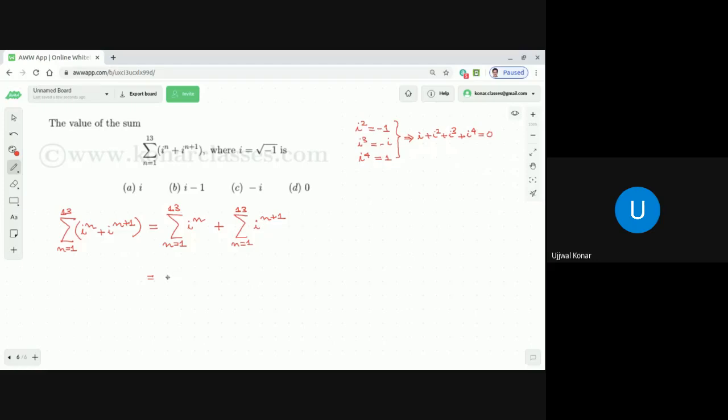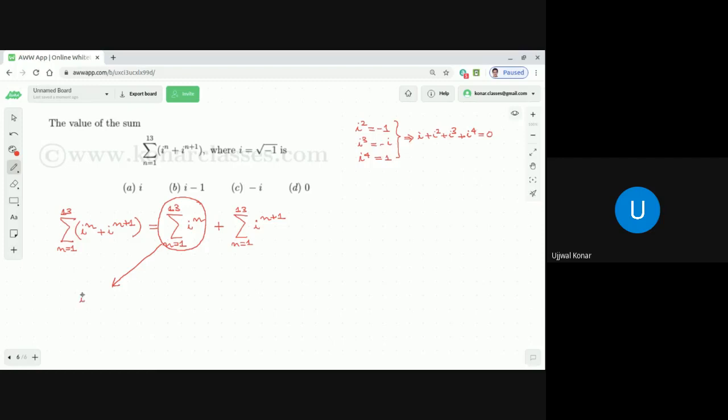So what I wanted to mean is that first you get i plus i square. Just a minute, I'm just concentrating on this particular one. So what am I going to get?